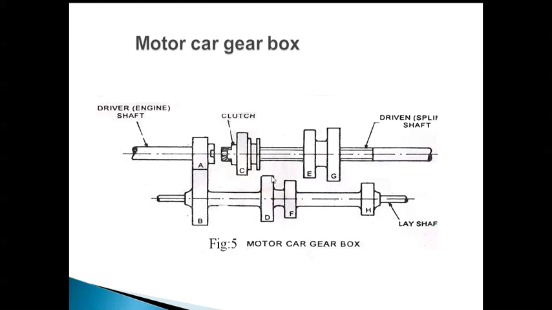Here you can see the gearbox is the 3-speed type, in descending order. So the speeds and the diameters of the gears are in descending order.